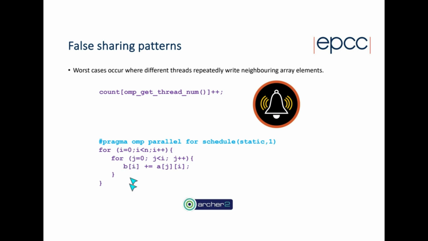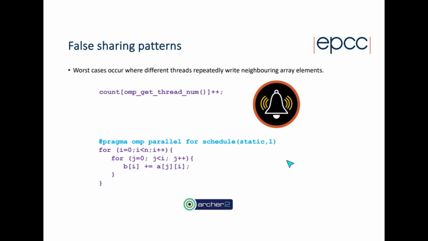So the parallel loop index is used to access a one-dimensional array here. Then using a static schedule with a chunk size of 1 would also potentially cause this problem. Well, in this case, you might get away with it. The compiler might manage to optimize this, might manage to use a register to accumulate values, but in general this can still be a problem.